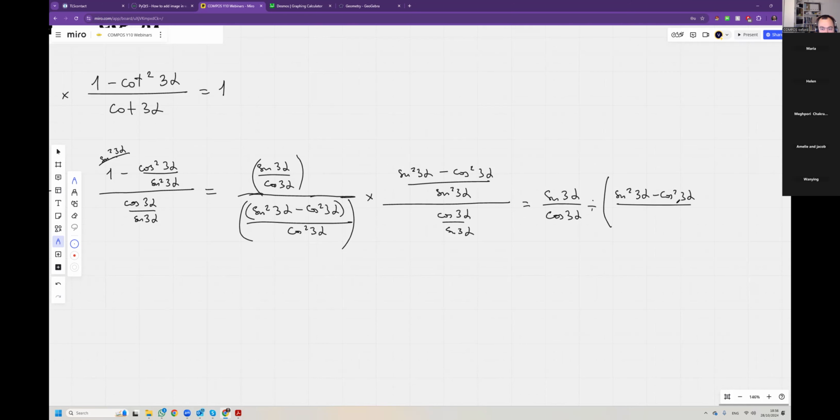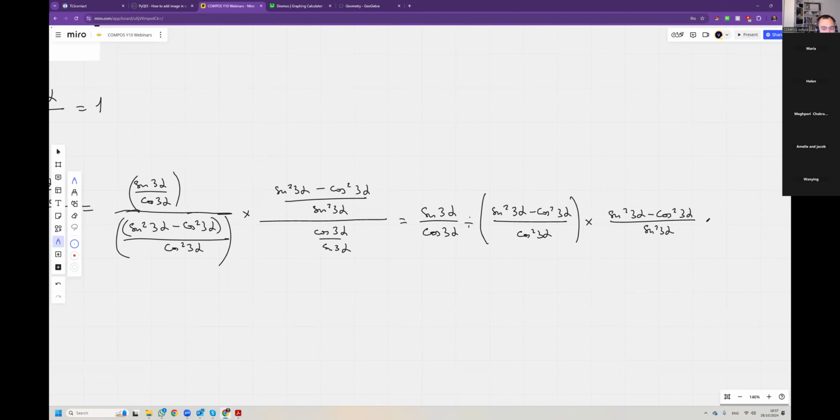And then, okay, times sine squared 3 alpha minus cos squared 3 alpha over sine squared 3 alpha divided by cos 3 alpha over sine 3 alpha.